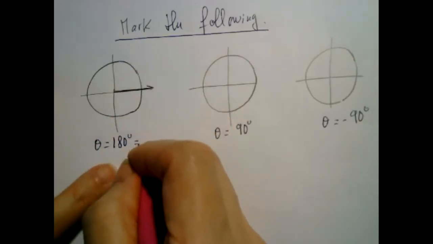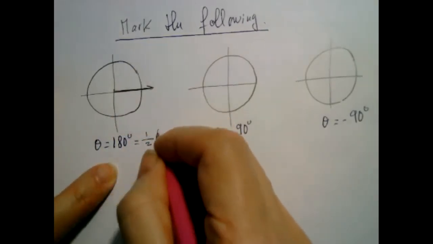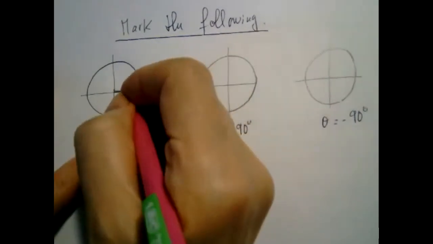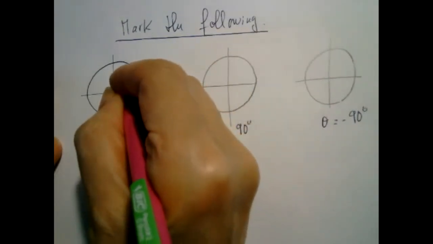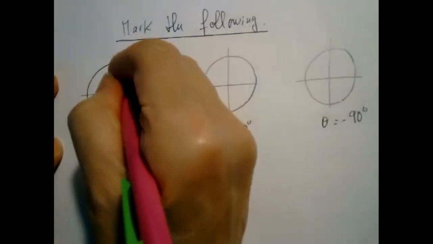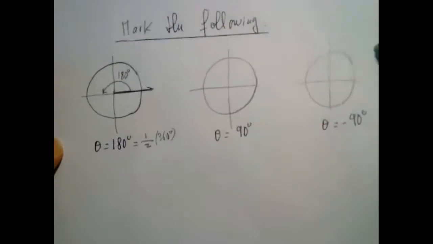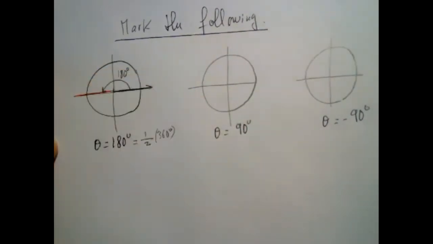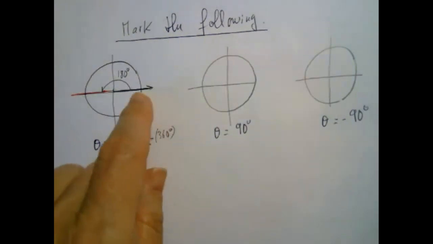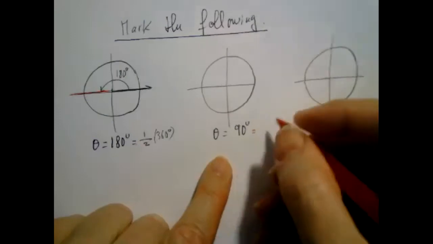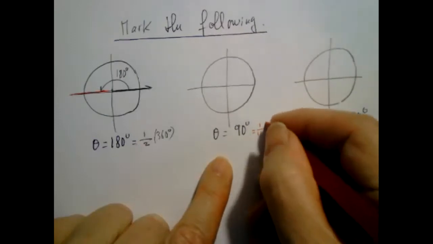Now 180 we know is half of 360, because 360 divided by 2 is 180. So I start from here and go half of a rotation around the circle. So that's the 180. The terminal side is this line. Always we start counting from here. 90 is basically a fourth of 360.